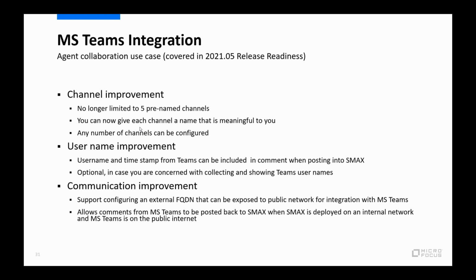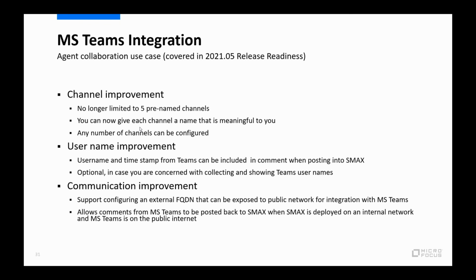So in the May release, we had 5 pre-named channels that you could use for the Teams integration. And that was kind of an interim step, and we've now continued to build that out. So we no longer have predefined channels. When you want to configure an integration to Teams, you can now create a new channel and give it a meaningful name.